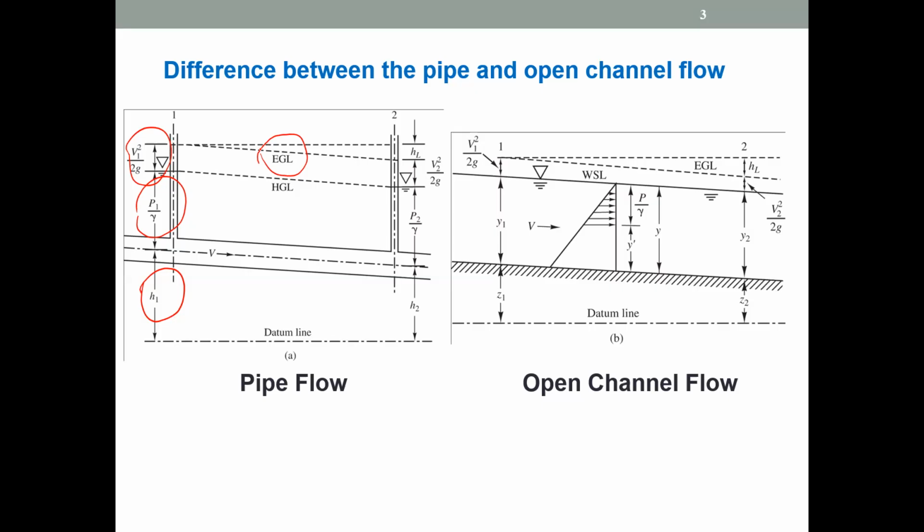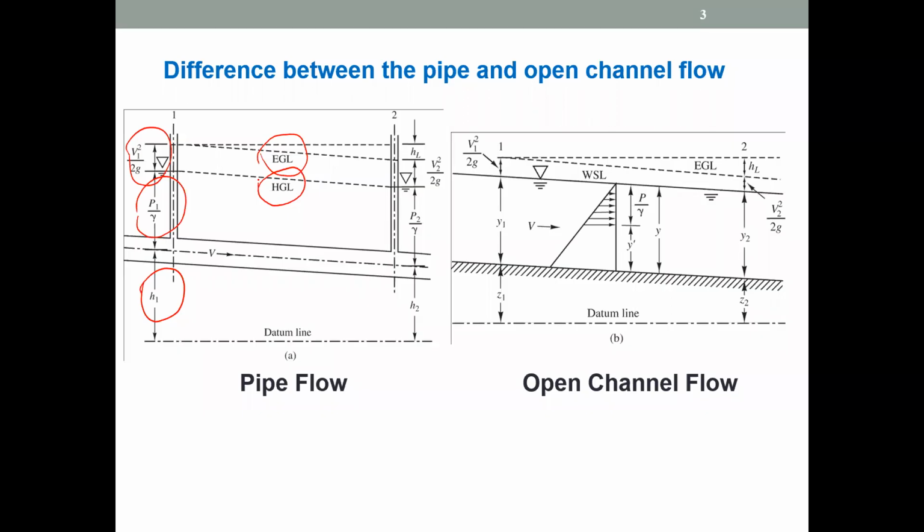In pipe flow, if you have a constant diameter pipe, always this EGL and HGL are parallel to each other. That is what you learn. So the EGL is the total head and the HGL is the pressure head plus the elevation head. So the difference between these two we define as the velocity head, right?